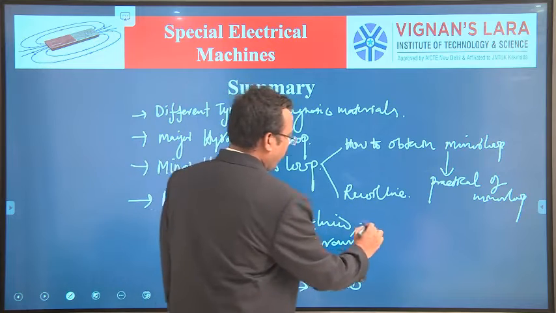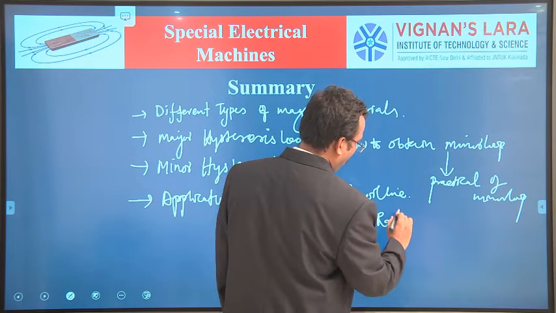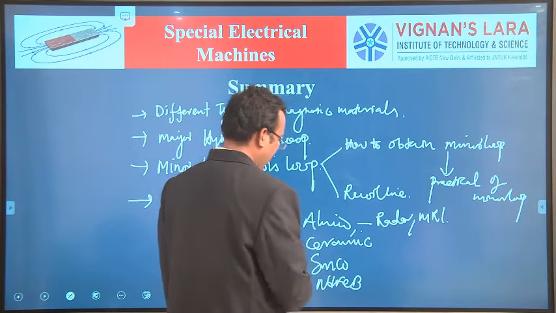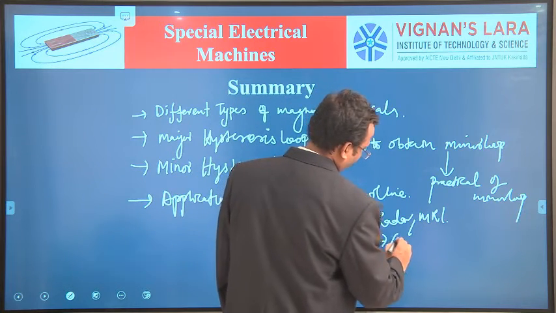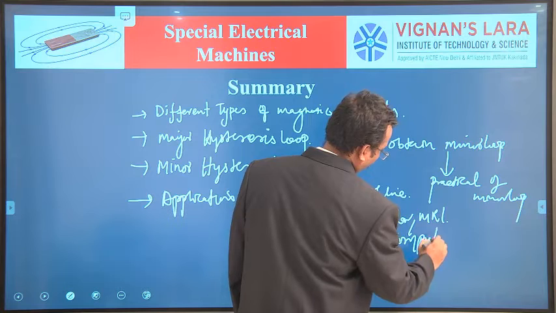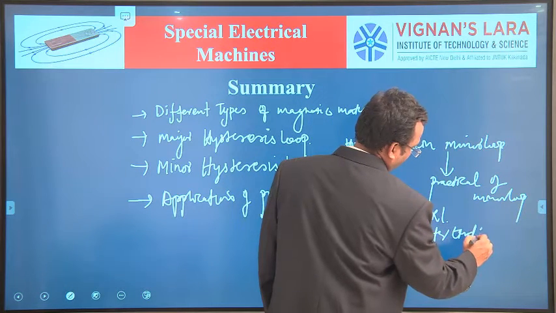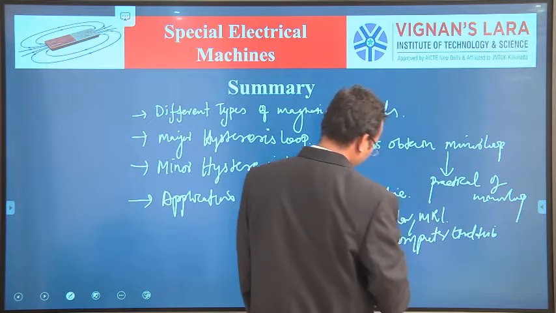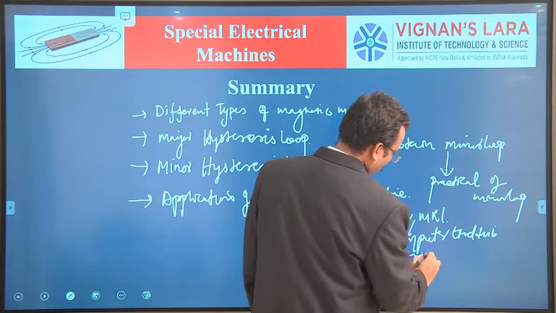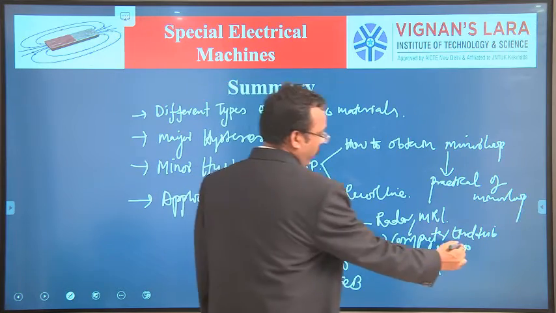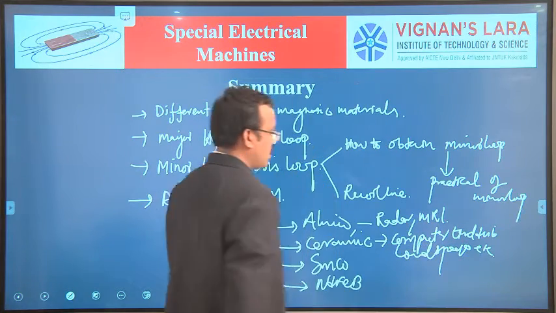Alnico has very important applications: radar, MRI scan. Second, ceramic: computer hardware, computer hard disk drives, loudspeakers, and many more applications.